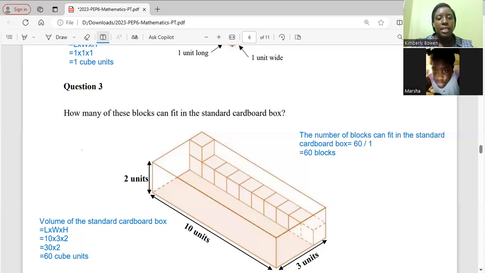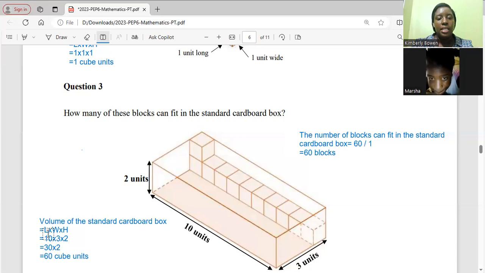Okay. Are you understanding thus far? A little bit, miss. Okay. What are the areas that you're not quite understanding so far? Are we supposed to plus up all of the sides or multiply?